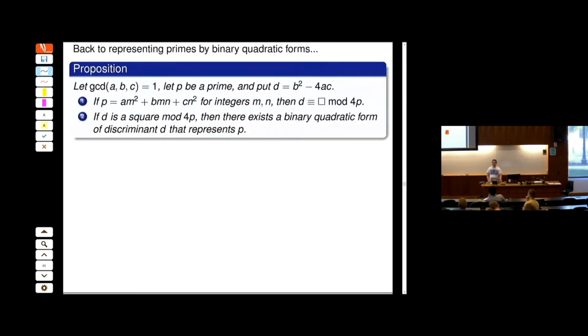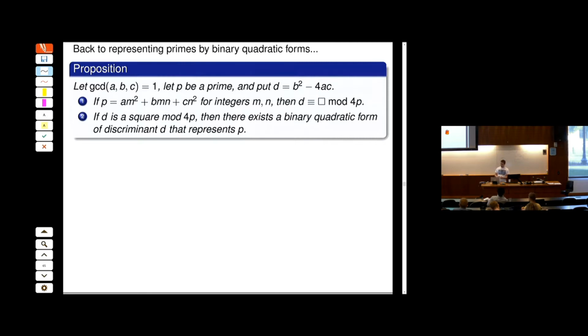Okay, so back to representing primes by quadratic forms. Something I'm not going to prove is the following: if you have a triple of relatively prime numbers a, b, and c, and p is a prime, put d to be b squared minus 4ac. If the form with those coefficients a, b, and c represents the prime p, then d is a square mod p.